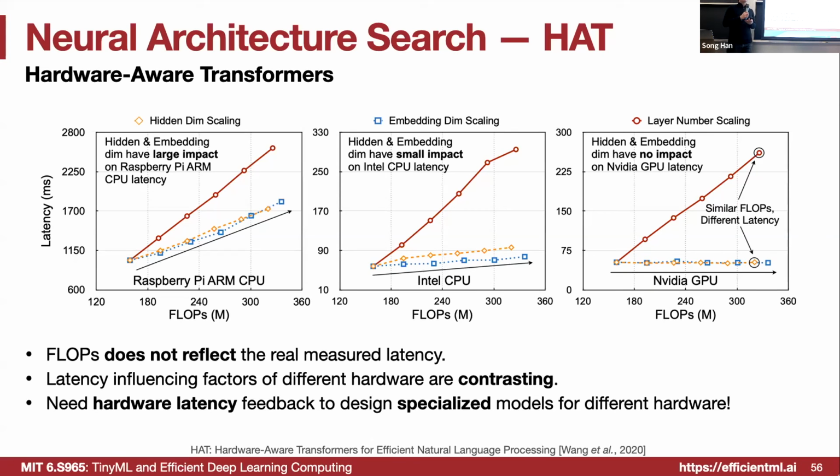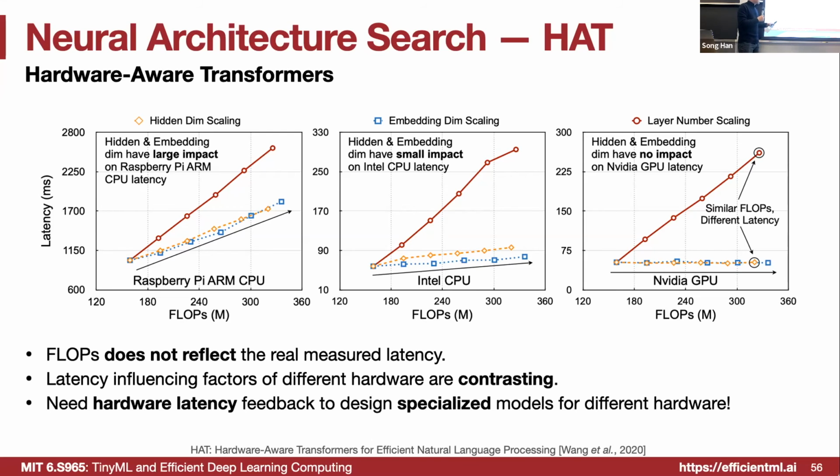To reduce the training cost, Hanrui did awesome work on the hardware-aware transformer (HAT), applying neural architecture search, actually using the once-for-all technique like we did in the homework to perform this hardware-aware transformer architecture search.